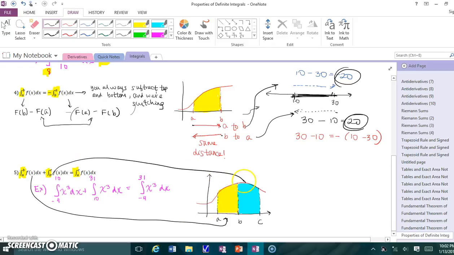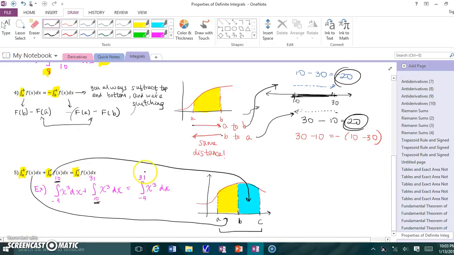The second one is from b to c. So this is just saying you could just forget about the little pit stop in the middle and go right from the first to the last destination. Notice that the second one has to pick up right where the prior one left off at b. Okay, so whatever that number is, that number has to be the same, and I did that here in the example, 10 and 10.